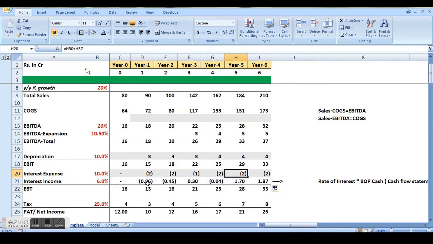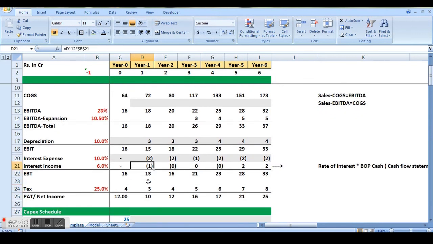Now if you see, in a few years you are getting it negative, means there is no income but there is expenditure. Can it happen? No. So in the cases where we have negative income, we have to use the IF function as logical test.